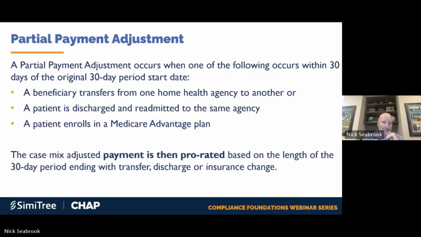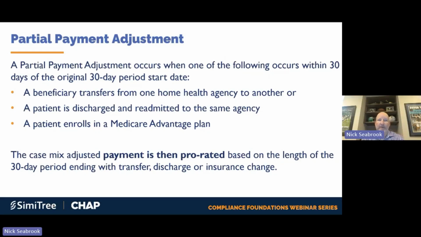The next adjustment we talk about is going to be the partial payment adjustment. So this is going to be in situations where one of 3 things occurs. Number one, and it's all going to be within 30 days of that original period start date. So number one, let's say they transfer from one home health agency to another. Let's say you were on service from 9/11 and then you discharged from that agency on 9/15 and another agency picked up the patient on 9/20.